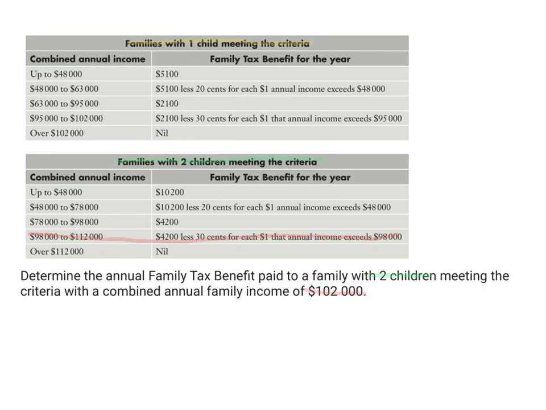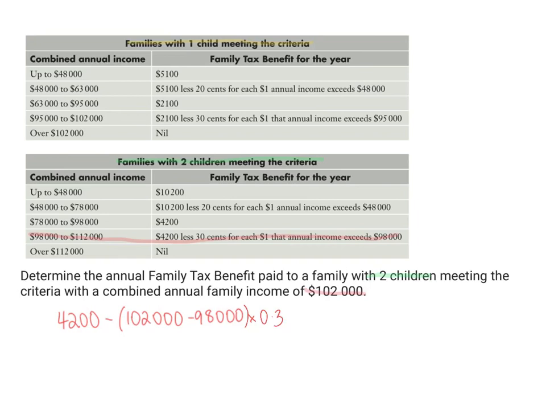So first of all, we know it's going to be $4,200 less. Now, similar idea to last time, that's how it builds. So less 30 cents for each dollar that the annual income exceeds $98,000. So we're basically going to have our $102,000 subtract the $98,000, and we're going to multiply that by 0.3, which represents the 30 cents.